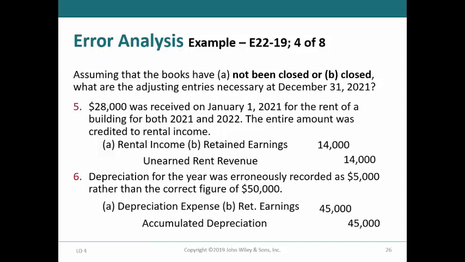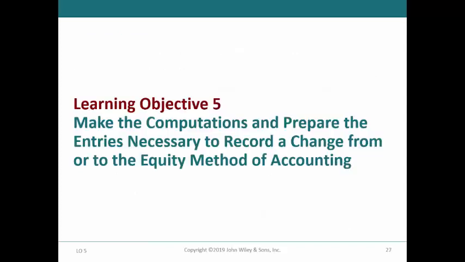We would credit unearned rent revenue for the same amount. For the second entry, we recorded depreciation expense of $5,000 when the correct amount was $50,000. To correct this, we would debit depreciation expense if the books are open, or retained earnings if closed, for $45,000. We would also need to credit accumulated depreciation for the same amount.